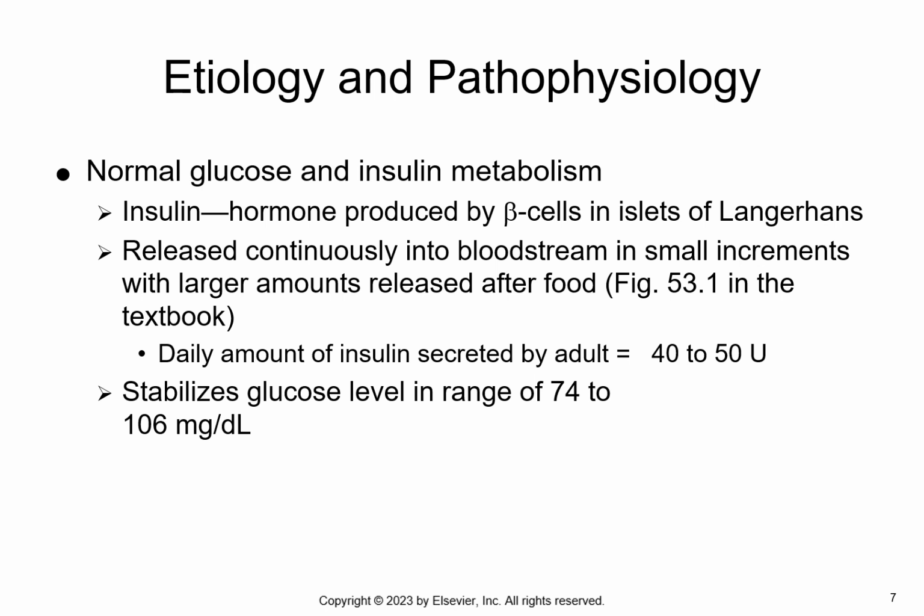The amount of insulin secreted daily by an adult is about 40 to 50 units, or 0.6 units per kilogram of body weight. Insulin promotes glucose transport from the bloodstream across the cell membrane to the cytoplasm of the cell.